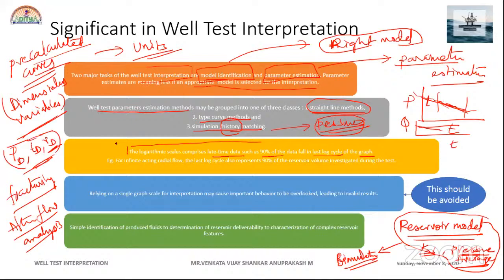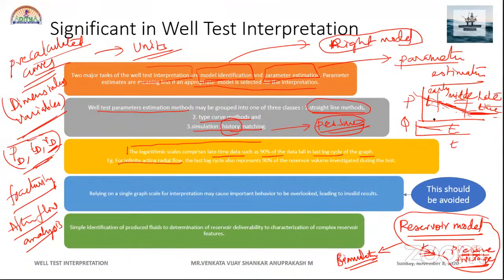For infinitely acting, this is one example of that. This indicates that 90% of the data is in the late time region. This is the early, middle and late. The remaining 10% will be available in the early and middle, and most of the time the data will be available at the late.